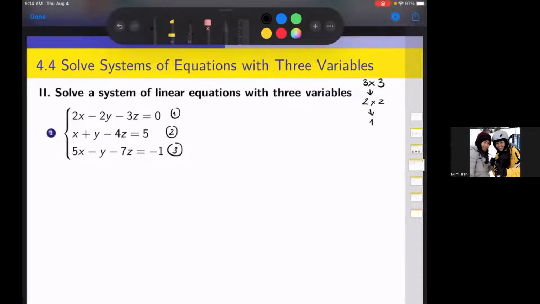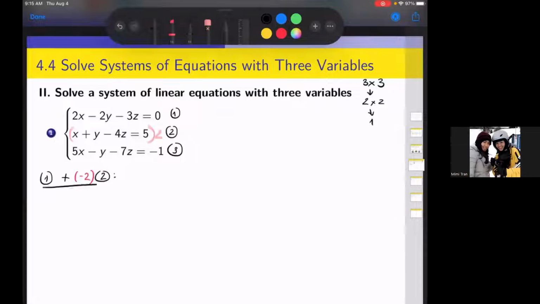What do I have to do to equation 2? Yeah, I'm going to multiply equation 2 by 2, right? So that means equation 1 added to -2 equation 2.